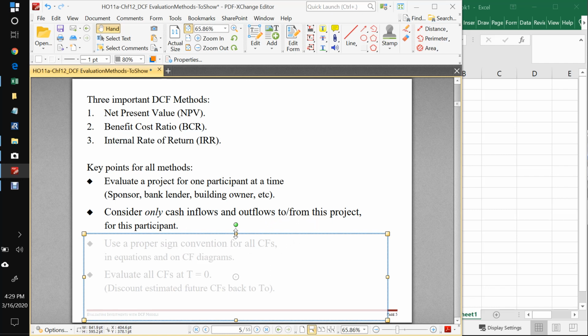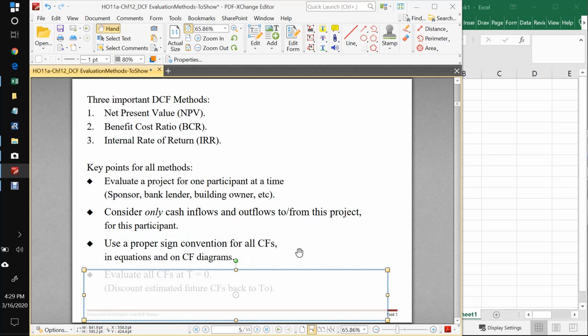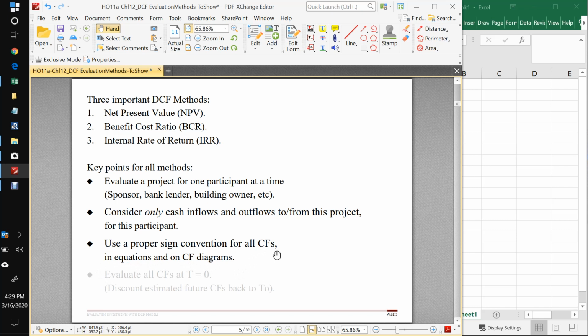And now, for the first time in time value of money, we're always going to be using a proper sign convention for all of our cash flows in all our equations and on all our cash flow diagrams. So we're not going to be anymore saying, oh, okay, well, the algebraic signs might be wrong, but we're going to use common sense to suss out what's going on. Now we're always going to use a proper algebraic sign convention.